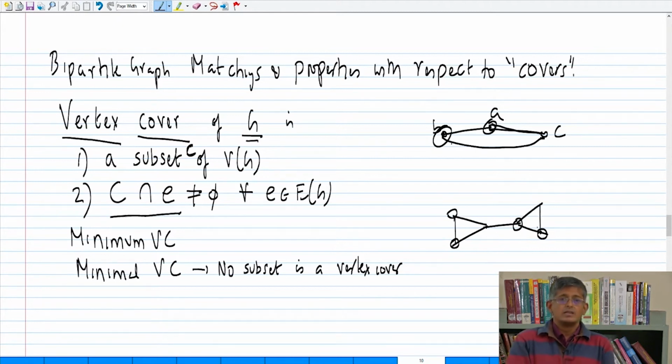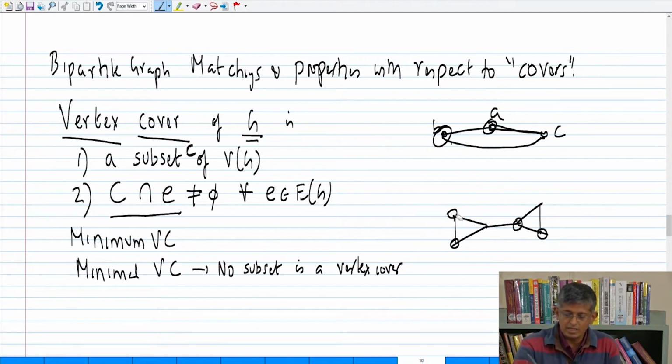So how many are here? As you can see, this is indeed a vertex cover. Every edge is intersected by the vertices which I have selected by putting a circle around them, right? Is this minimal? If you remove any one, okay, so it is not minimal.